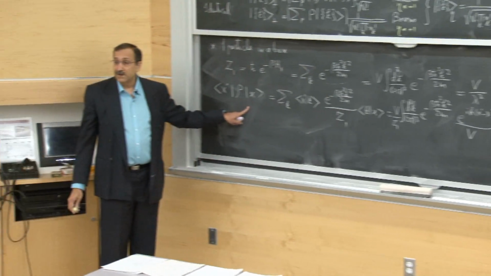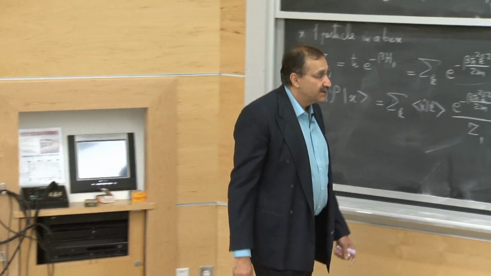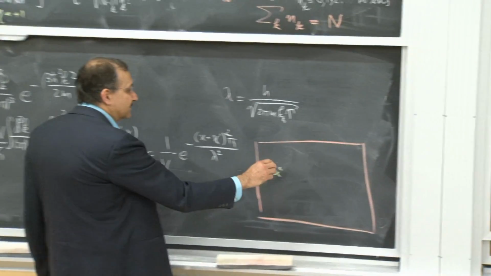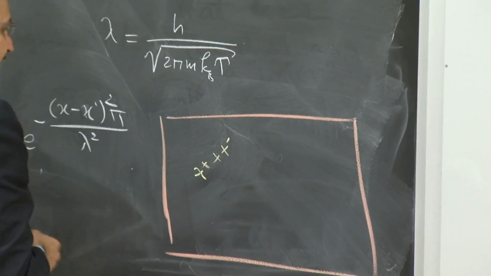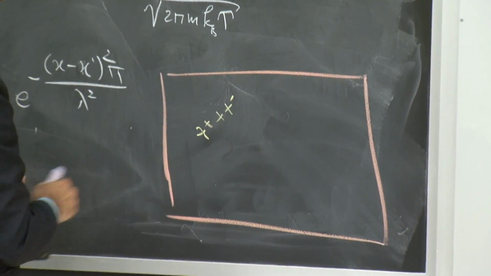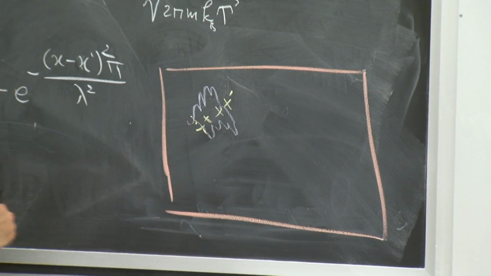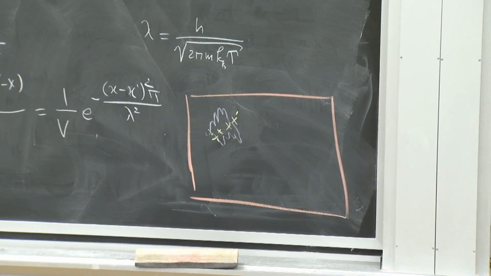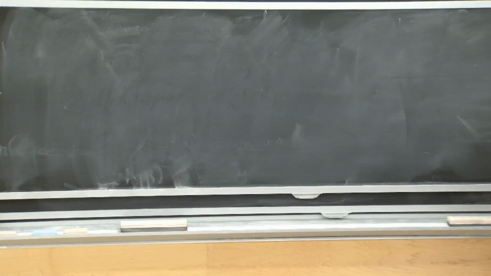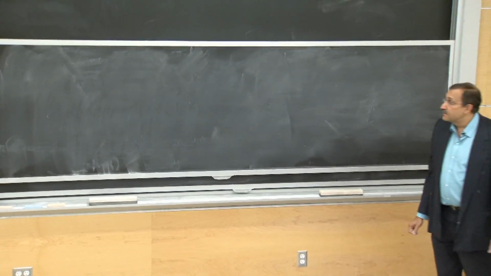It's just 1 over V. But this entity has off-diagonal elements, reflecting the fact that the best that you can do to localize something in quantum mechanics is to make some kind of a wave packet. OK. So this we did last time.